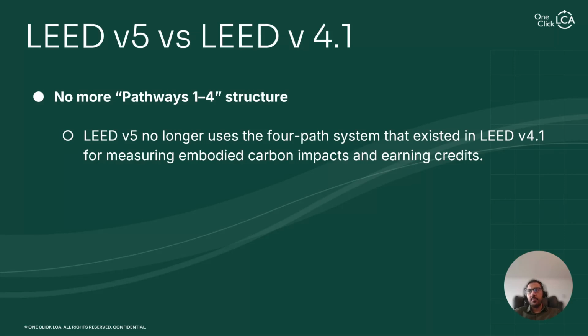Just a brief explanation: in LEED V4.1, we had 4 pathways to achieve credits for the life cycle assessment. The first one was to just do the LCA and the embodied carbon assessment. The second one was reducing the GWP by 5%, then 10%, and then 20% to achieve the 4 credits.